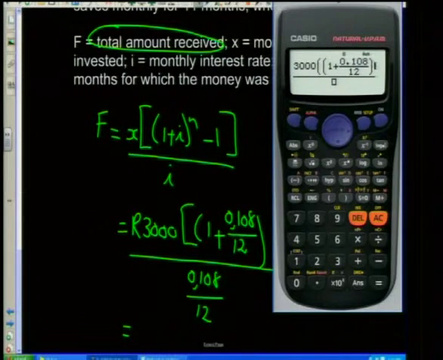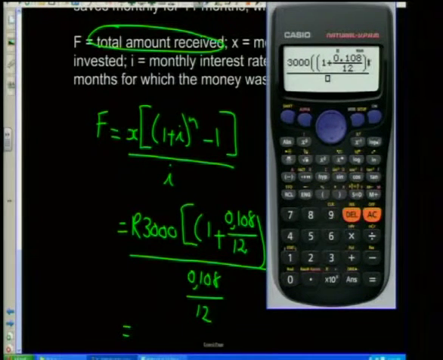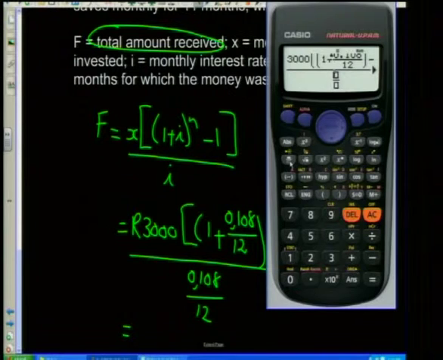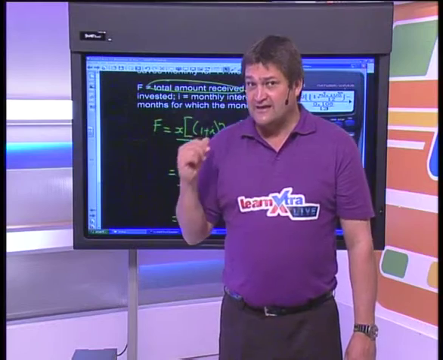Now we can see that it's minus 1, so we're going to say minus 1, close bracket, all over, at the bottom, a fraction button, 0.108 over 12. I'm glad there's a thing like a calculator.